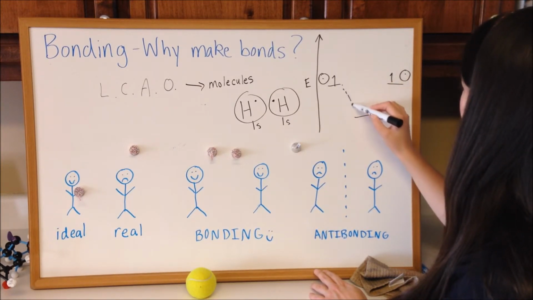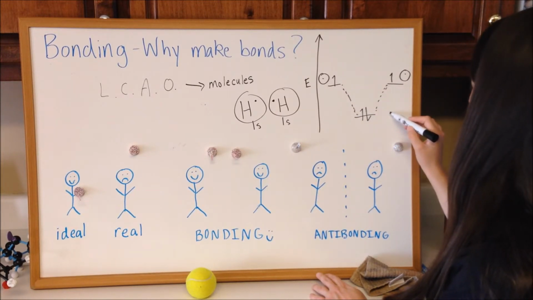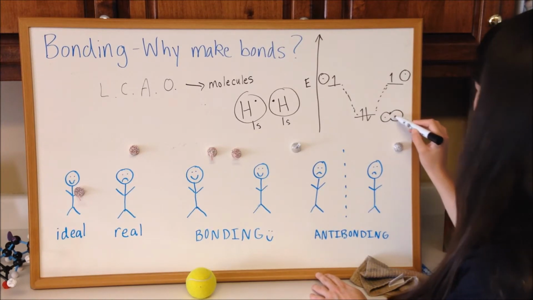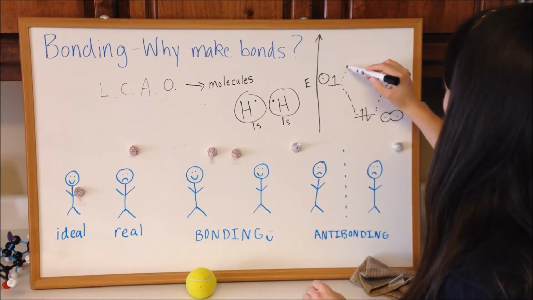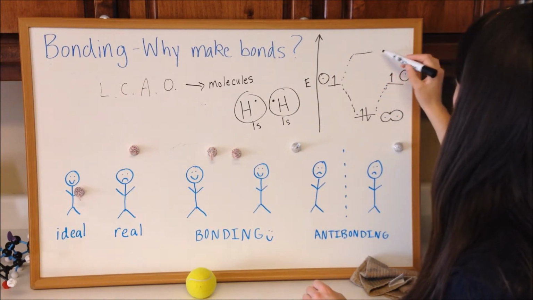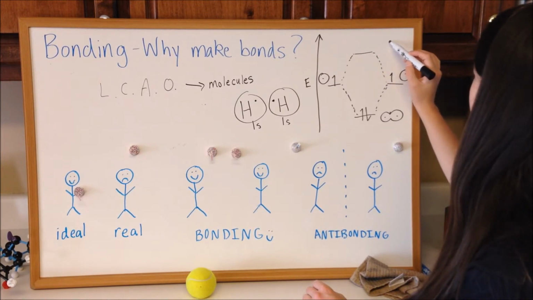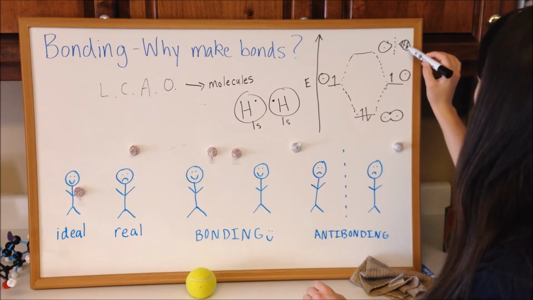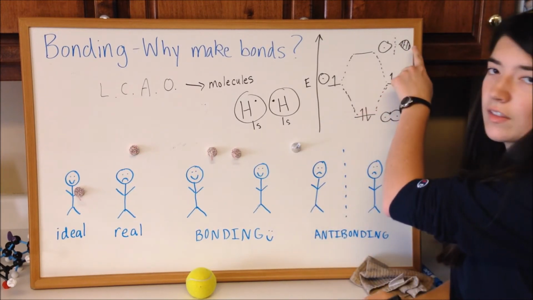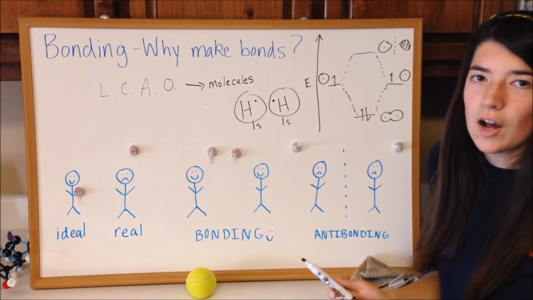They can either combine in a bonding fashion, which is like the waves adding constructively, and that lowers the energy, or they can combine in an antibonding fashion, a destructive manner, which will raise the energy. And just for note, if you ever see the little stripes on the orbital, that's just indicating that the amplitude is of an opposite sign.